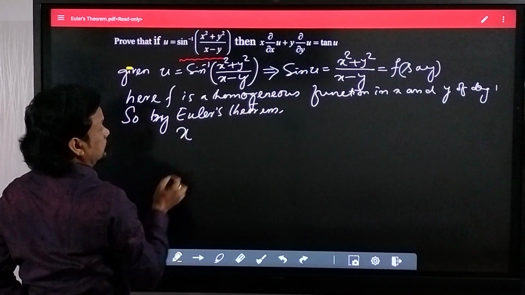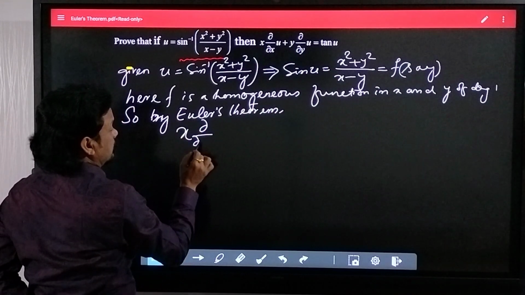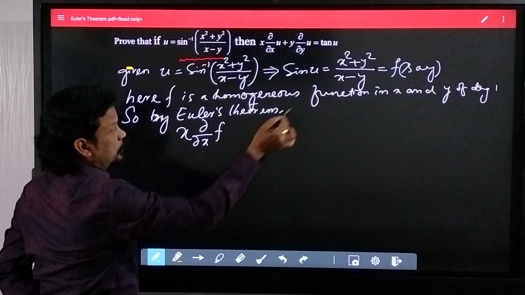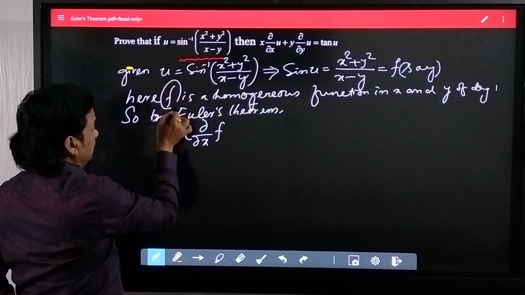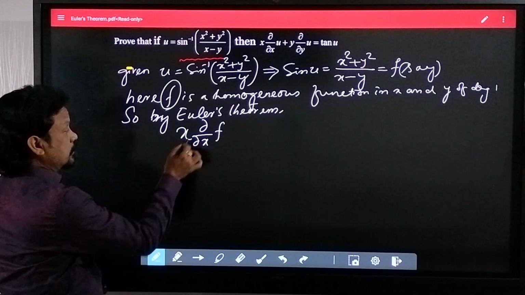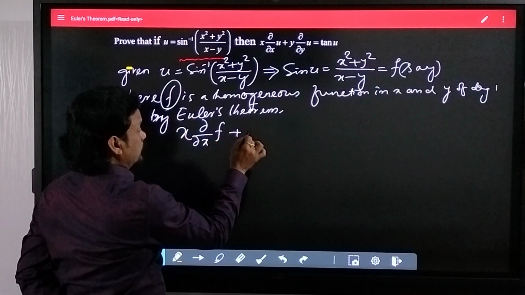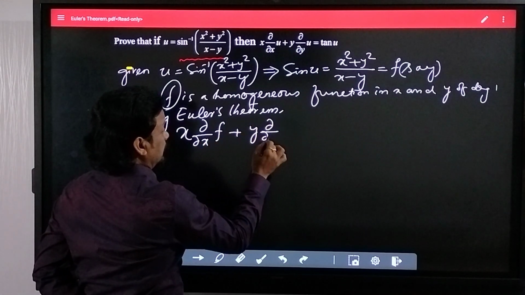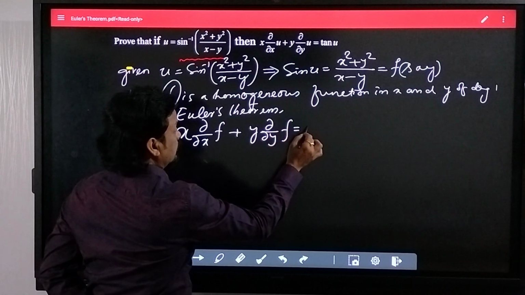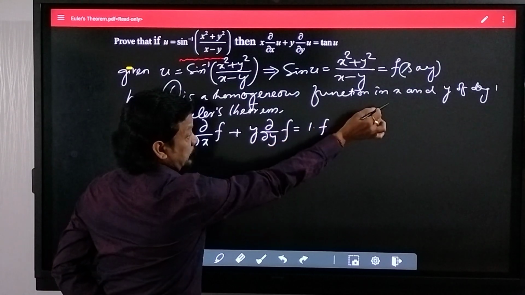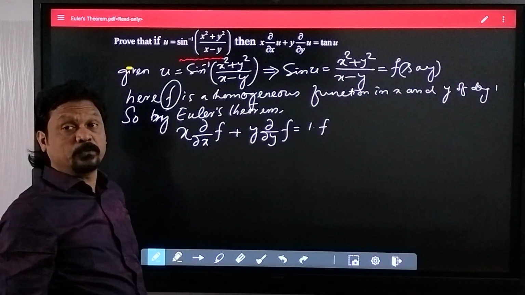x into del x of f plus y into del y of f is equal to 1 into f, because the degree is 1, so n into f.